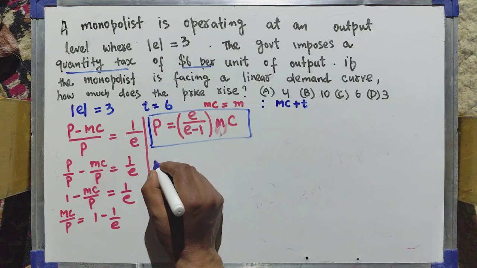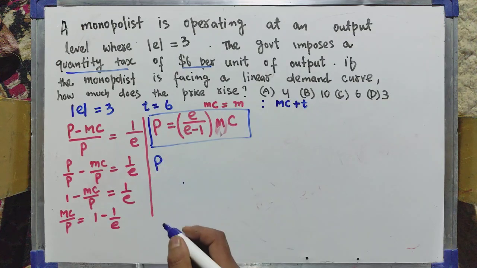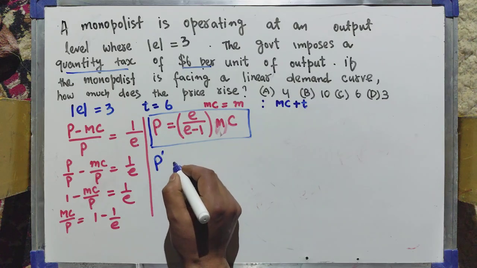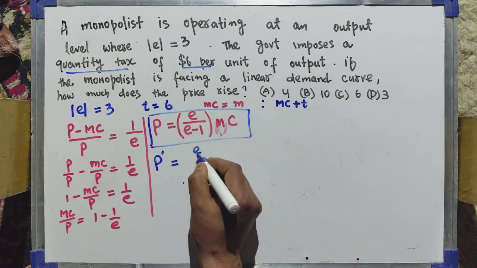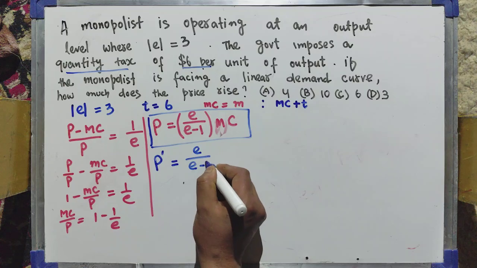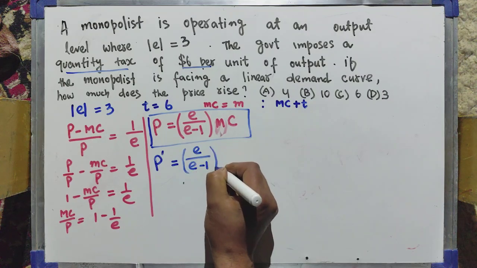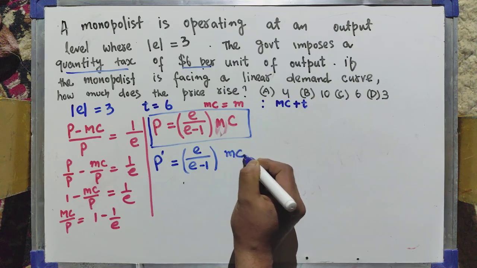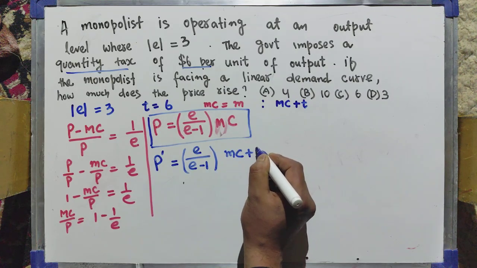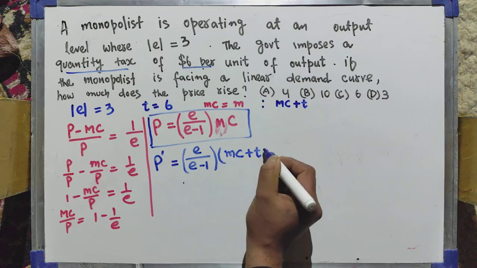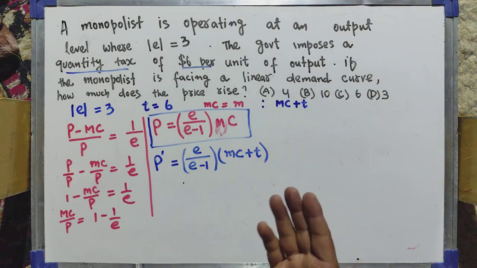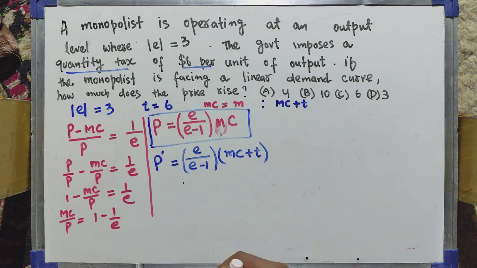Now the new price after the imposition of tax, let's denote it by P prime, will be equal to E divided by E minus 1 times the marginal cost, that is MC, plus the tax rate. So with the imposition of per unit tax, marginal cost will increase.